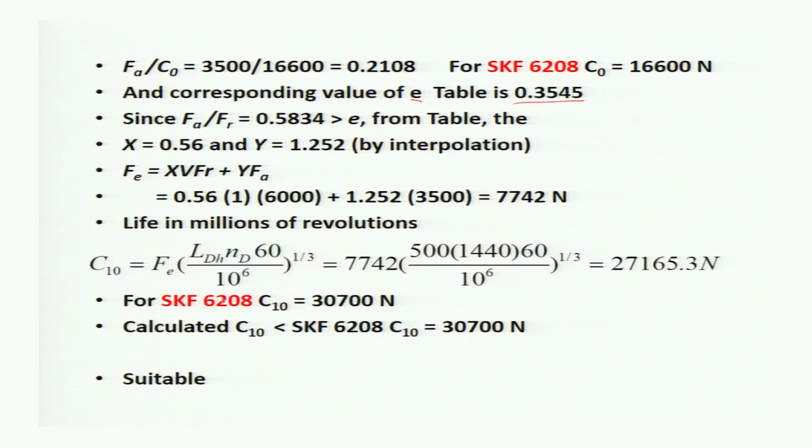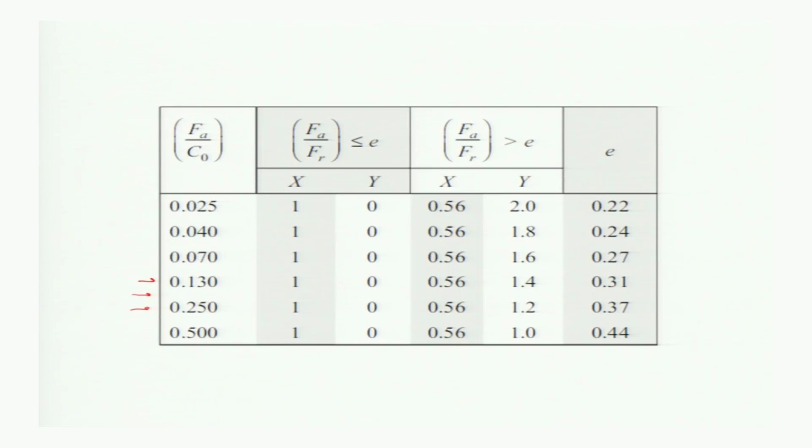After interpolation, we get the value of e equal to 0.3545, and Fa upon Fr is 0.5834, which is greater than e.